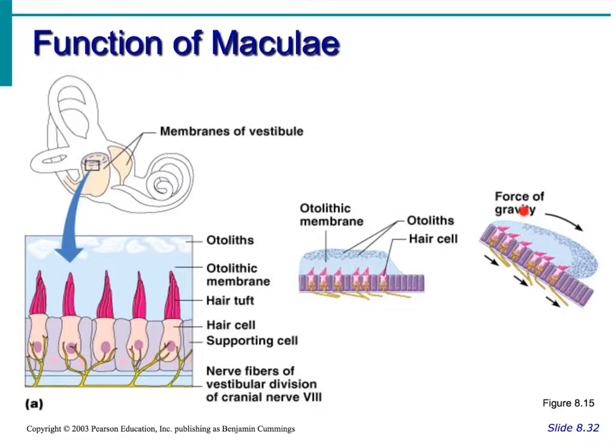And then when the weight of the salts, the otoliths, pulls on the gel and pulls on the hairs, it tells you which way is down. That is the maculae static equilibrium.